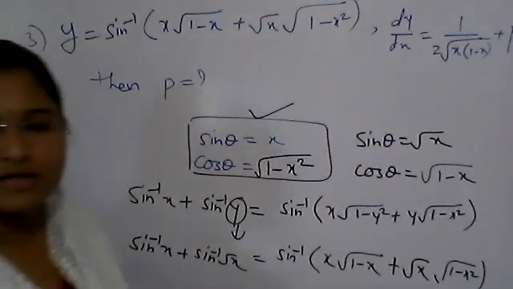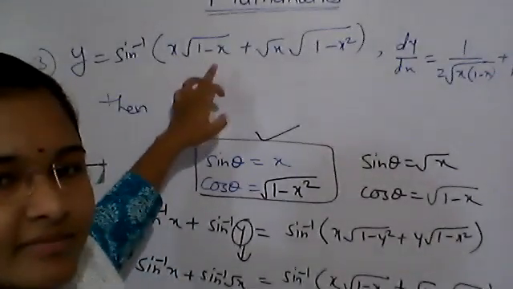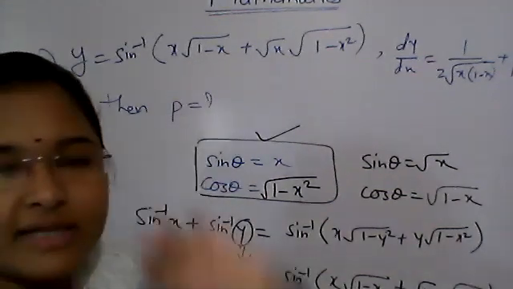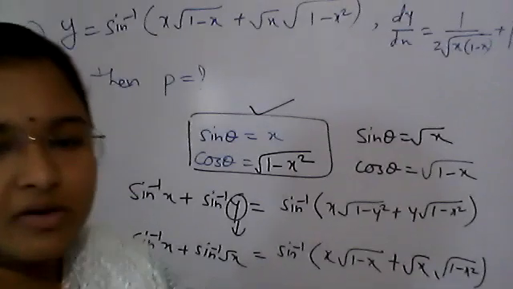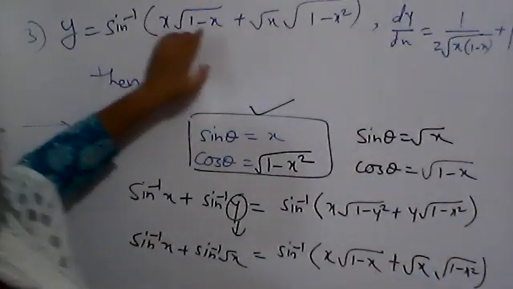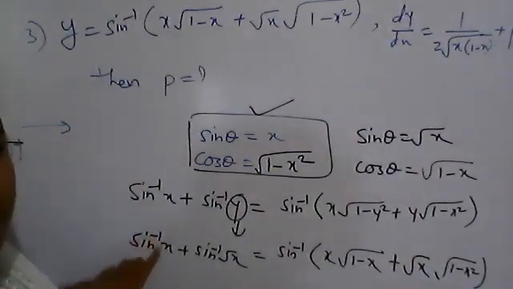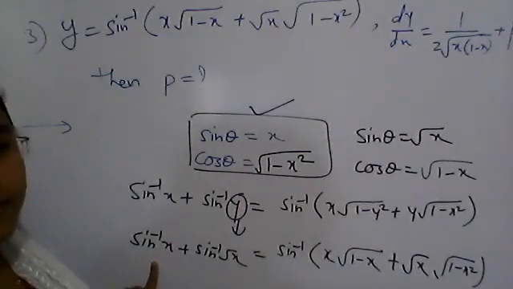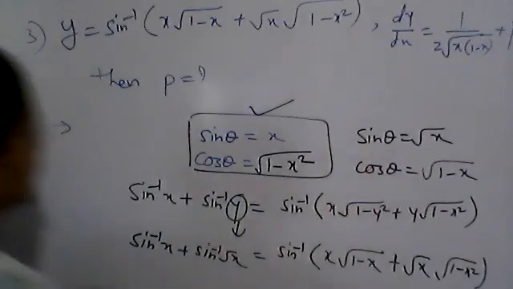You were asking me, in this question, is square there or not? Okay. Any doubt, beta, in this now? Okay. So can we write this bracket in the form of sine inverse x plus sine inverse of root x? Can we write? Okay.